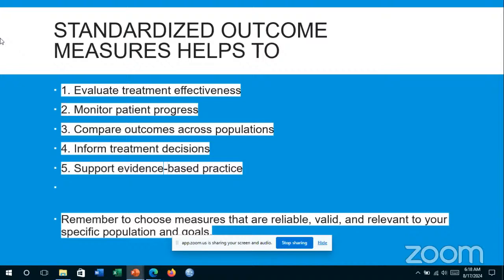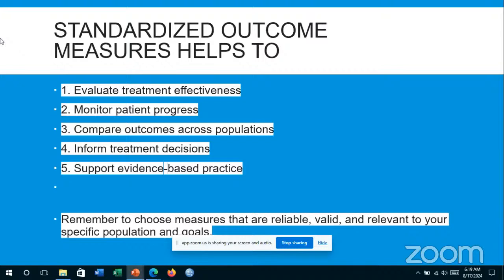Where are you supposed to consider certain factors that you don't consider, and what is the result across all of them? It will help inform treatment decisions, and it will help support evidence-based practice.